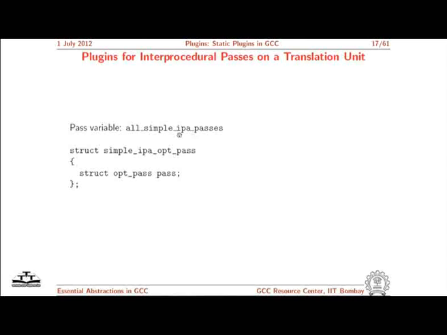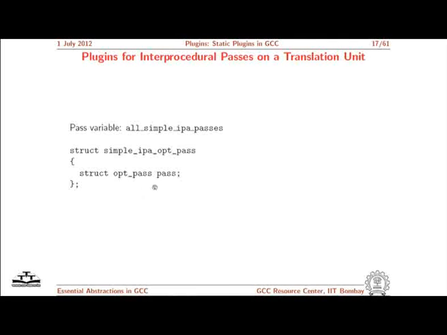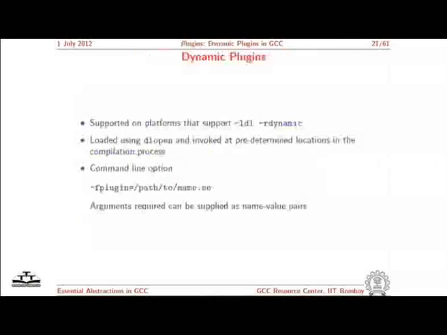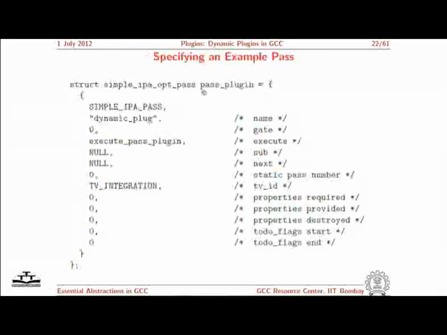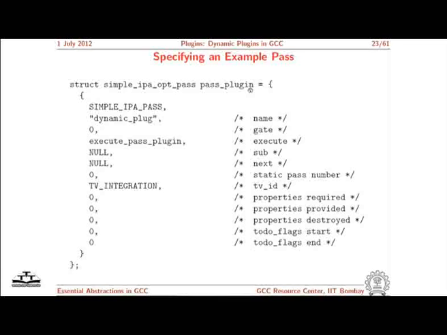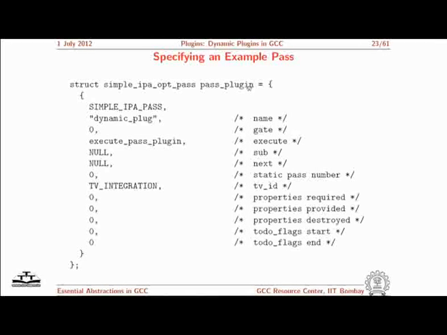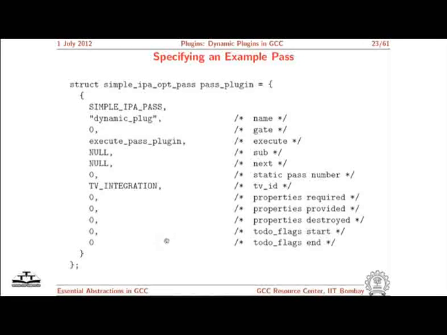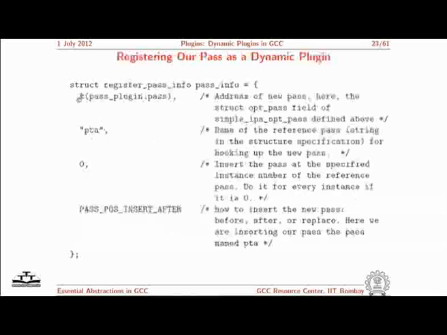We can see here that the simple IPA opt pass has this struct opt pass, and the name of the simple IPA opt pass variable is pass plugin. So now I pick up the pass field of that pass plugin, so the address of this is actually ampersand pass plugin dot pass. That's what gives me the actual pass variable.